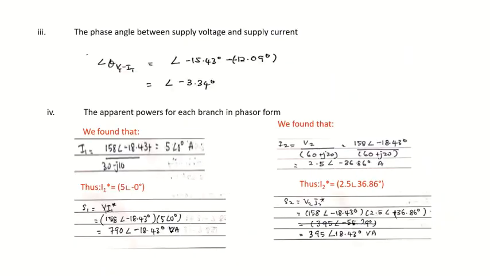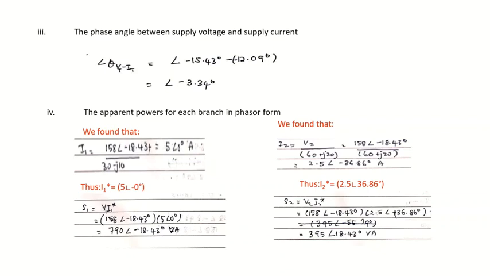So the phase angle between the supply voltage and the supply current, we can find from this formula, which is the difference between theta V total minus theta I total. If you refer back, the V total just now gives you the angle minus 15.43 degree.